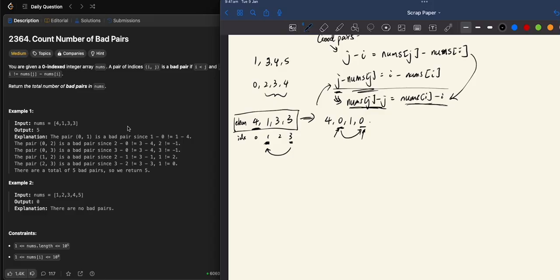If we only have one 4 in the mapped array, that means only that number, after the index mapping, can get to 4, so it wouldn't form any good pairs with any other numbers.